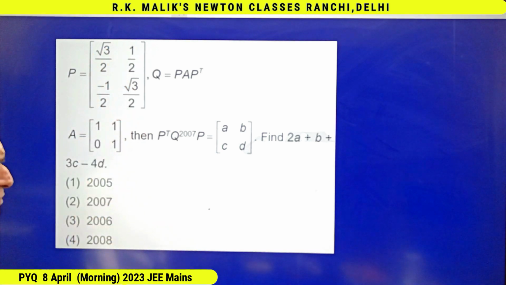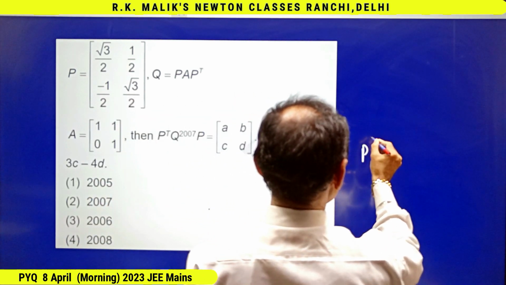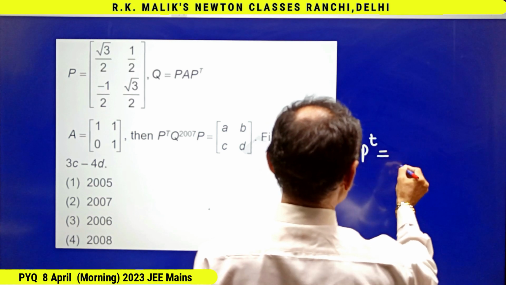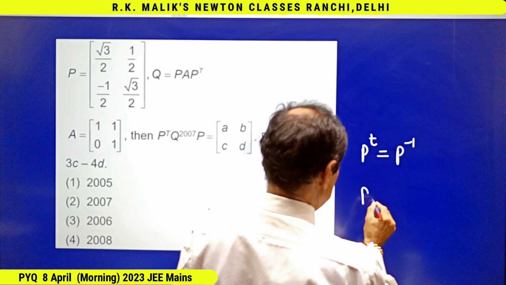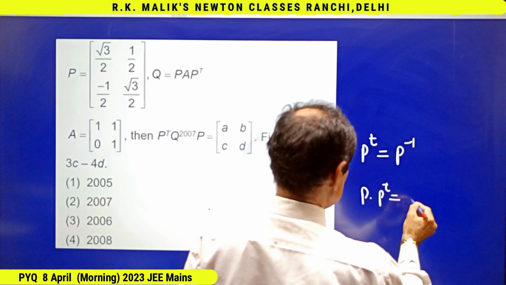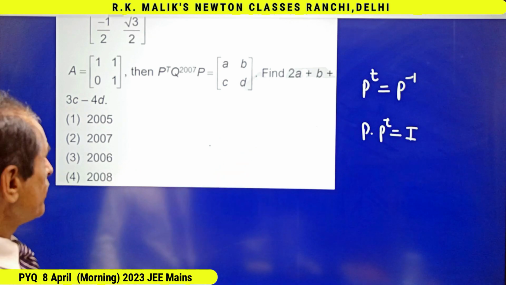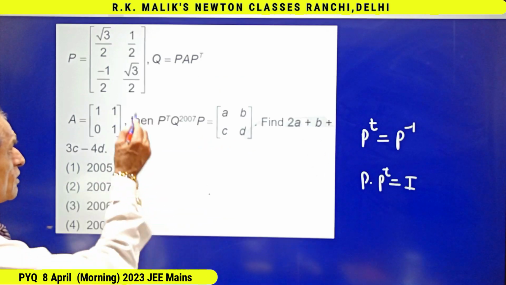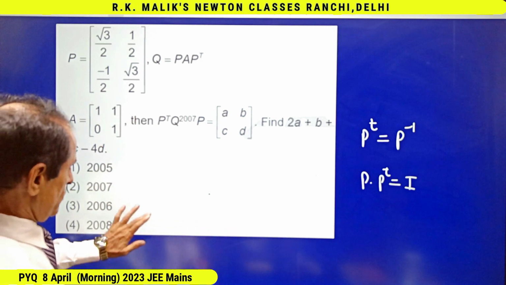Therefore, for this matrix, P transpose will be equal to P inverse. That is, I can say P into P transpose will be equal to identity matrix. Keeping this fact in mind, first I find the value of Q square.